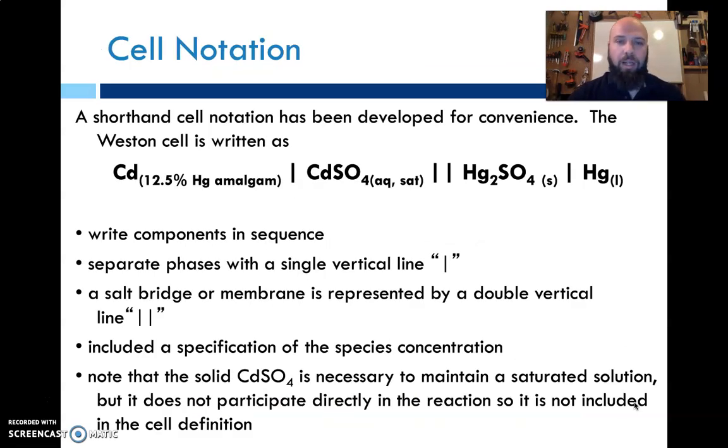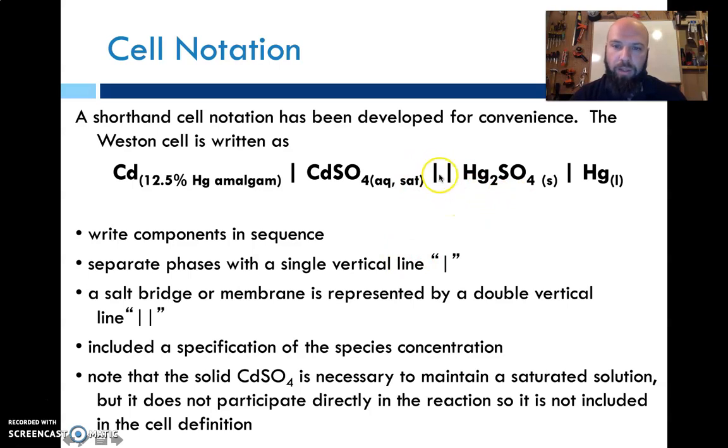The shorthand cell notation for the Weston cell could be like this, and it was cadmium in a 12.5% mercury amalgam, and that would become cadmium sulfate. The single lines separate the phases of one of the electrodes, and the double line separates a salt bridge.